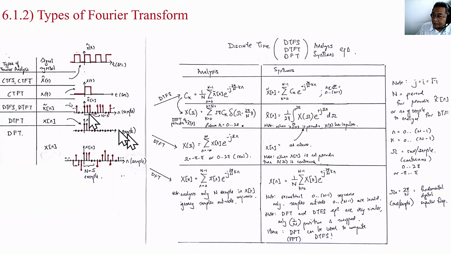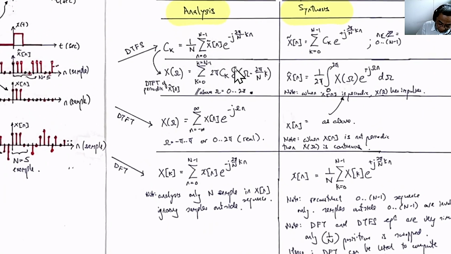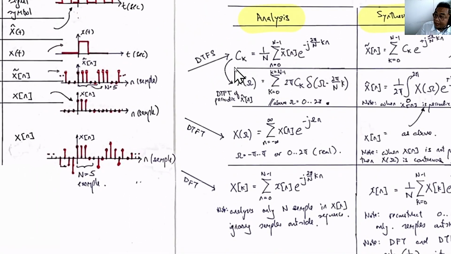The next page shows you the equations associated with the analysis as well as the synthesis. So here's analysis, here's synthesis. What does analysis mean? Analysis basically takes our signal, and here I will only draw the DTFS, DTFT, and DFT.